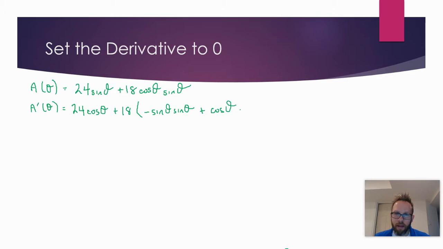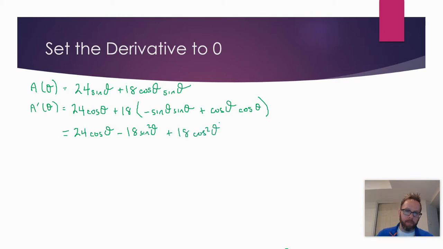Derivative of sine theta is cosine theta. And if I clean that up, expand it out, I get 24 cosine theta, minus 18 sine squared theta plus 18 cosine squared theta.